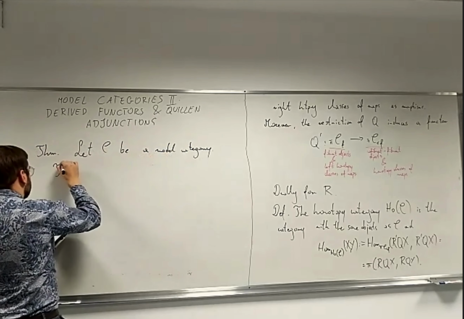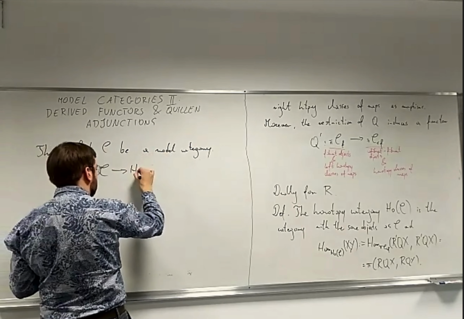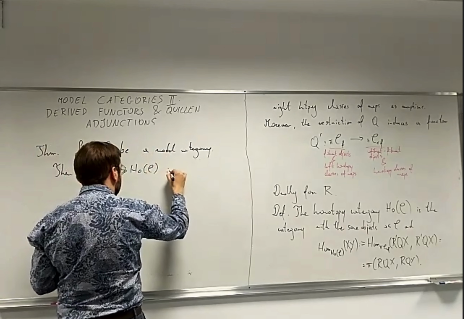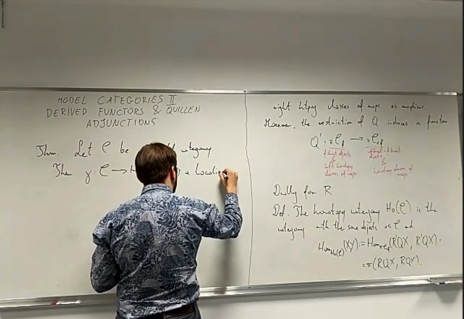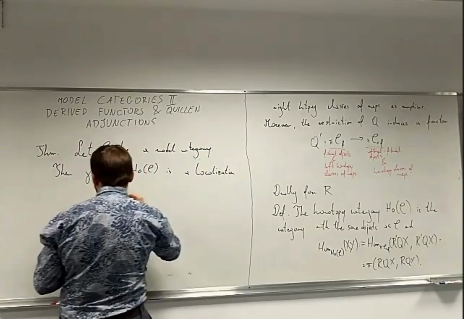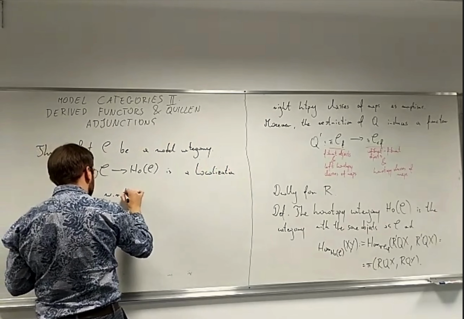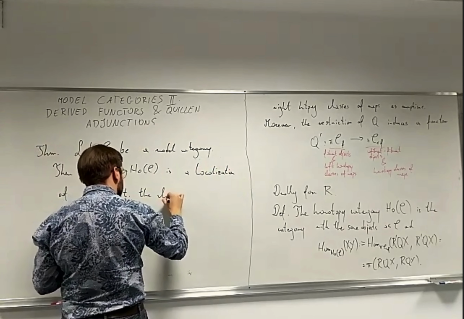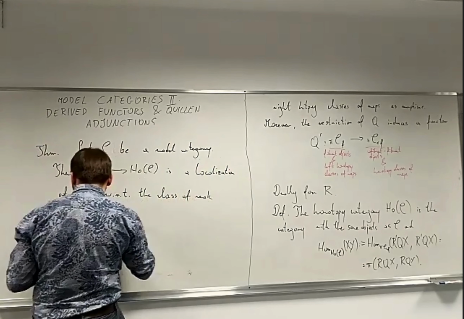Then gamma from C to the homotopy category of C is a localization of C with respect to the class of weak equivalences.